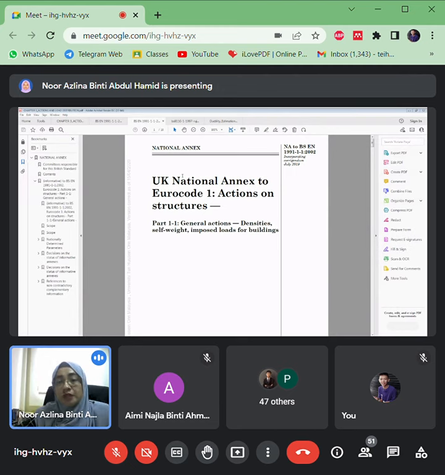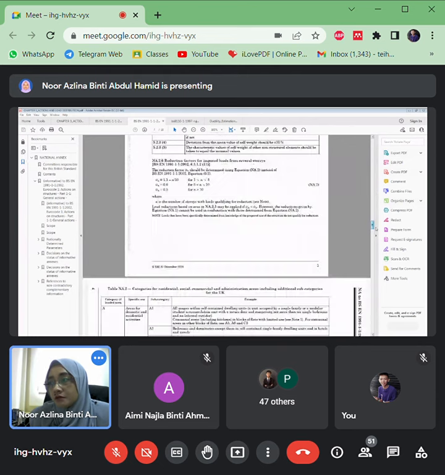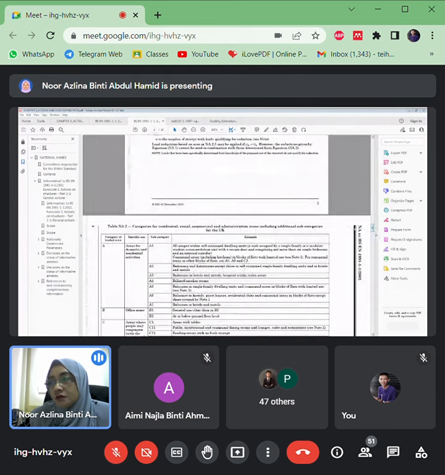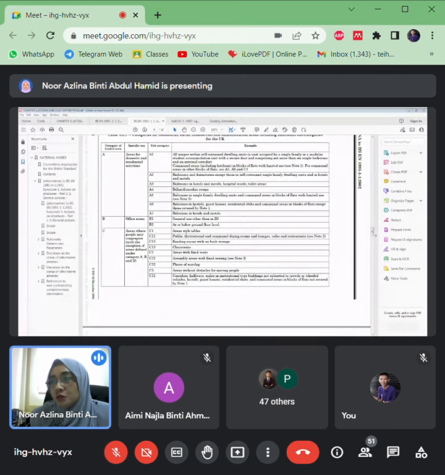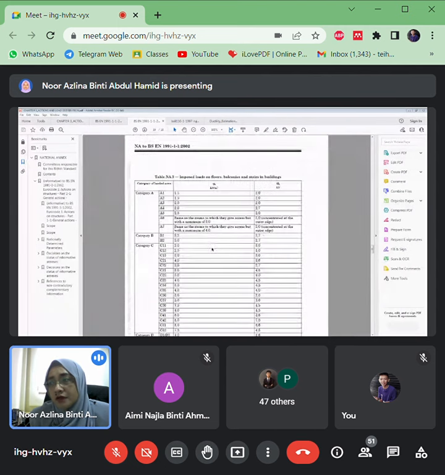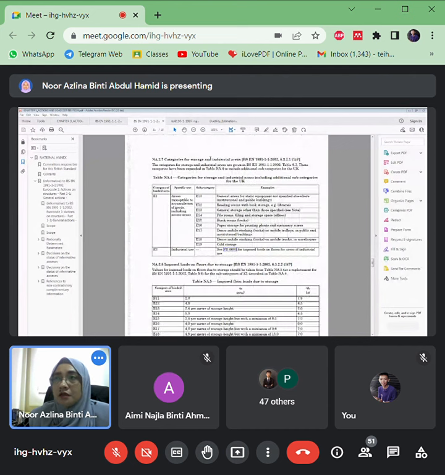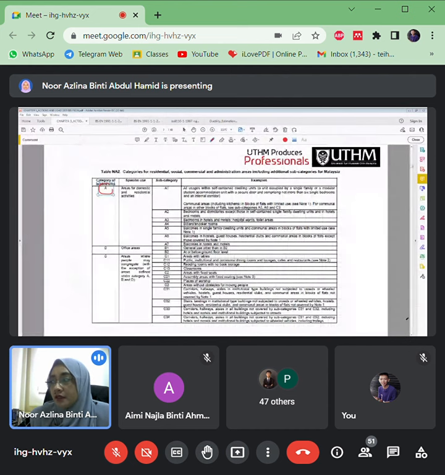There will be additional tables in the UK National Annex which you also need to refer. So all of these tables here are more detailed areas with tables, public reading rooms, classroom, which you have to decide, you have to observe in the drawing and everything. So what's the function of that area. Okay, if A1, A2, it's more details in the UK National Annex. Okay, I go back to our slide.